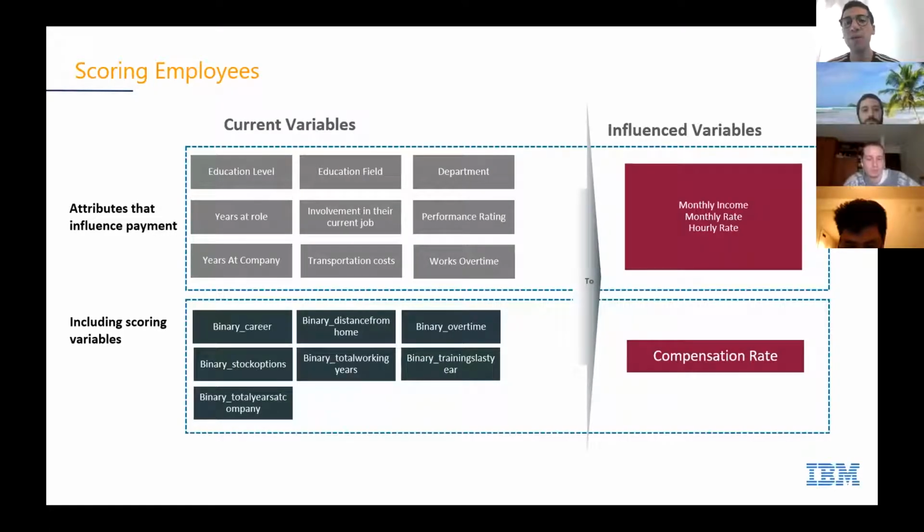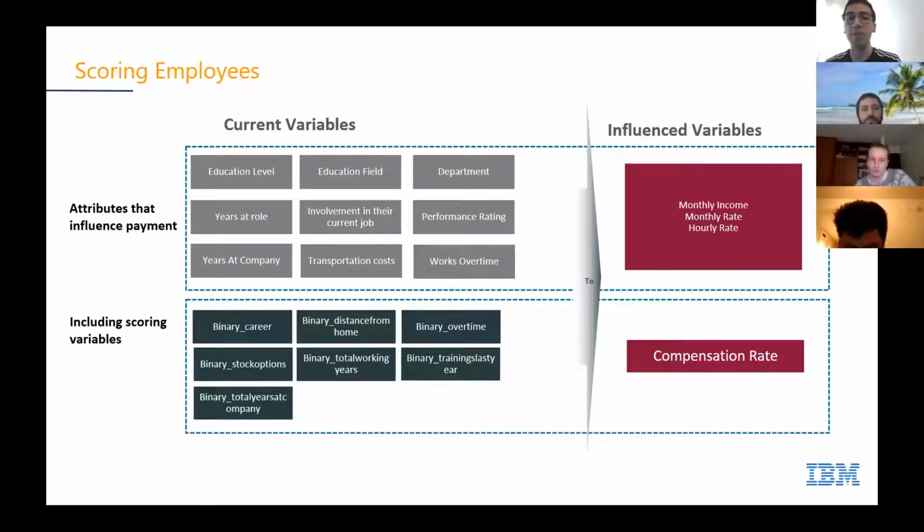Now we're going to see how we scored the employees. On the left-hand side we have the current variables, and on the right-hand side the influence variables, the ones that we wanted to explain. And we have some default attributes that came with the database. The idea is that we focus on monthly income and monthly rate, whether the employee has a high or low monthly income. Then we included the following variables: binary career, which takes together education field and department. If what you studied in undergrad is aligned with the department you are working in right now, then it should add some score.